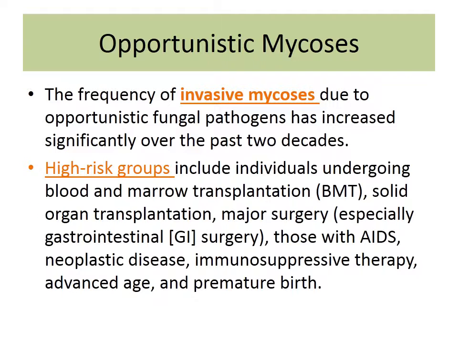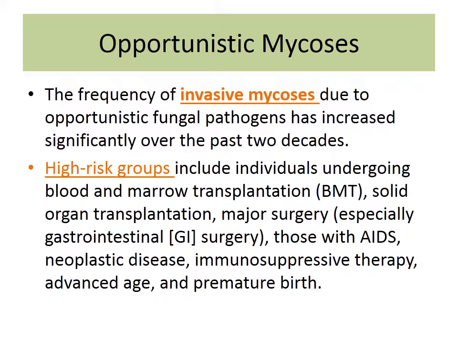Now, opportunistic mycosis, of course, could be invasive. And when we talk of invasive mycosis, we also immediately start thinking of high-risk groups. So you can see the high-risk group in this case happen to be those people which are blood and marrow transplantation.